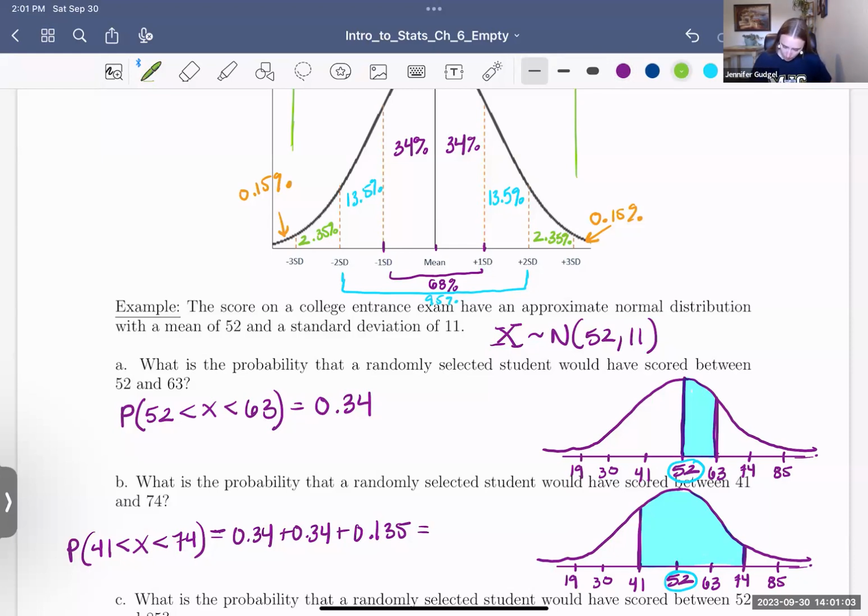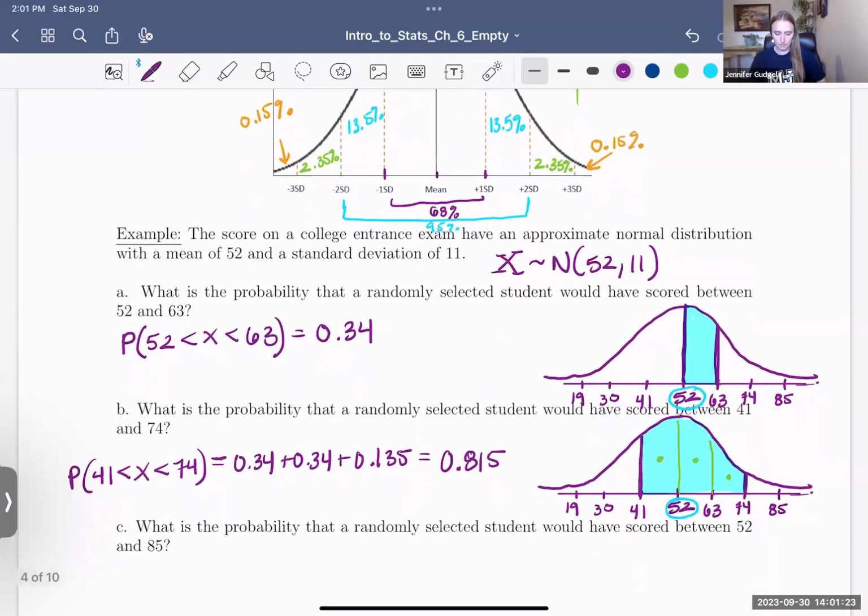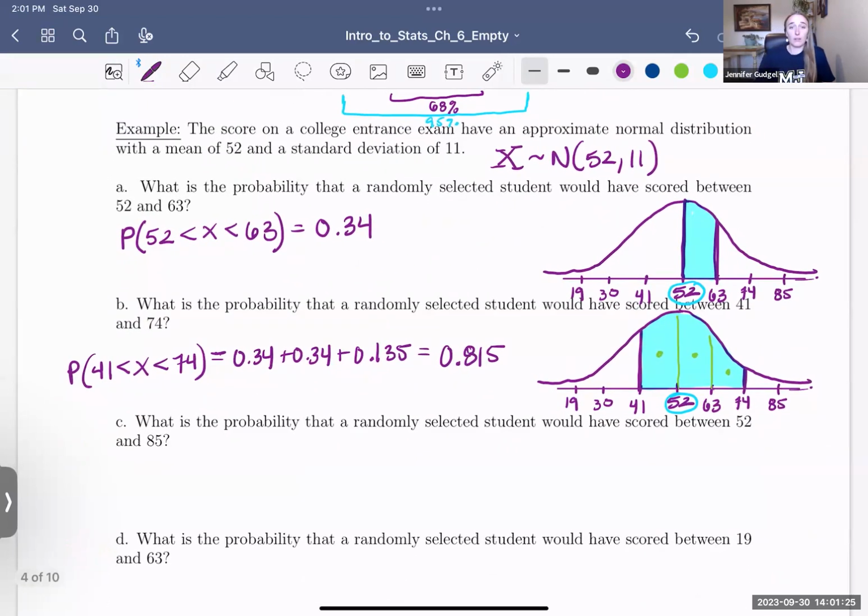Again, I'm kind of drawing each of them, but it's this section, and this section. If I'm looking at each chunk of my empirical rule to add each of those probabilities together. All right, so overall we have 0.815. All right, let's look at another one.